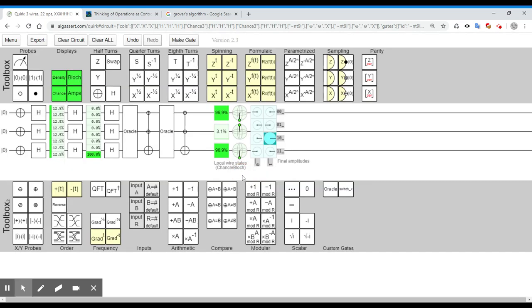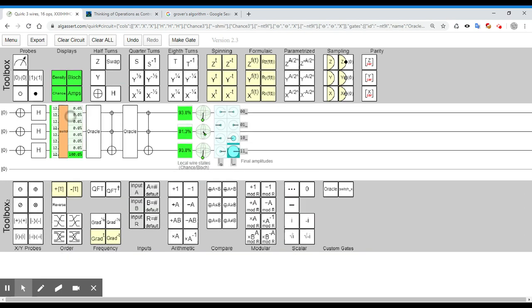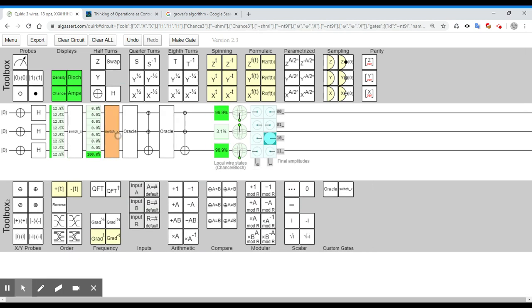What this is going to do is switch X, so when you see that, it means the display is just going to be showing us the X. So it's going to make it easier, and we're not going to see so many Hadamards around.